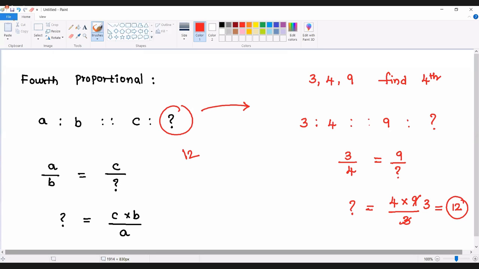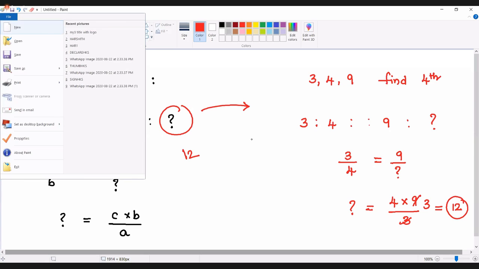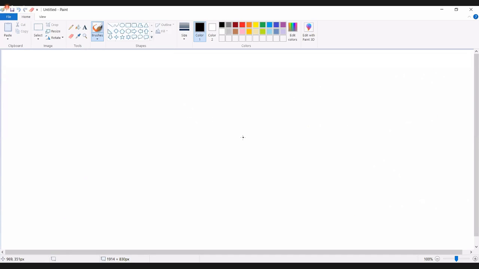Similarly, there will be questions which are related to third proportion. Third proportion questions are given like this. A comma B are given.